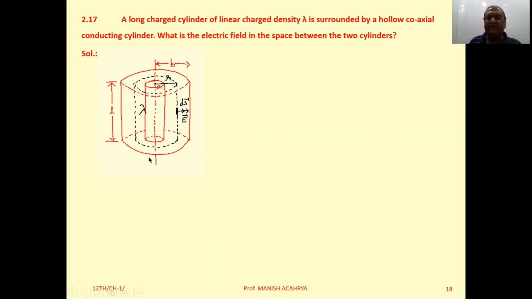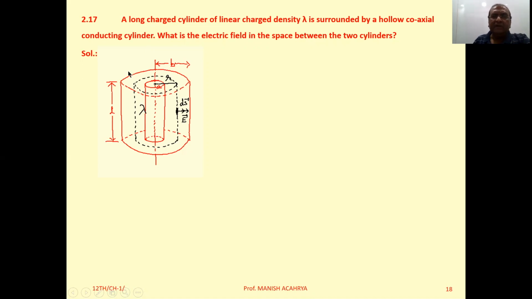Here we consider the length of the cylinder to be equal to L. Now see this inner cylinder, with radius equal to a, and that particular cylinder is charged, and the linear charge density for that cylinder is lambda.